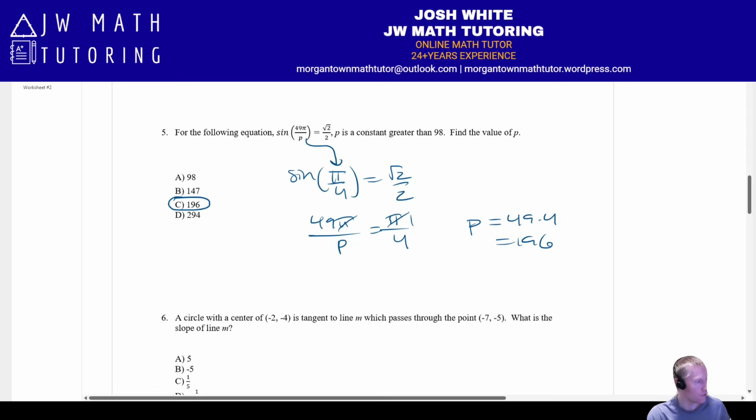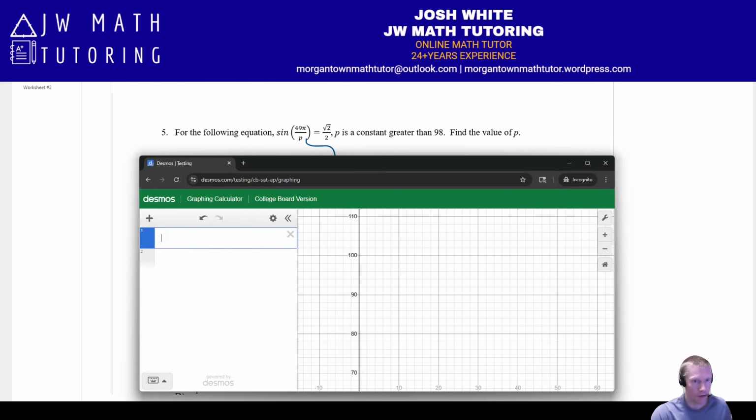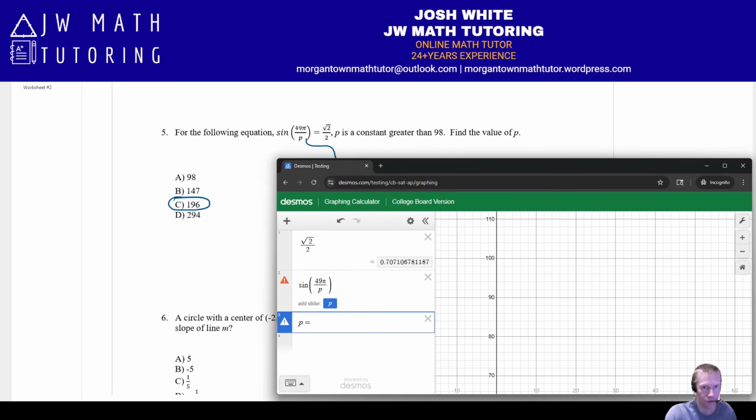But here's how you could just do it in Desmos. So what I would do is first I would type square root of 2 divided by 2, just in case you're not familiar with that decimal. Then I would type the sine of 49 pi divided by p. I would add a slider for p, and I would just go through the various answer choices.